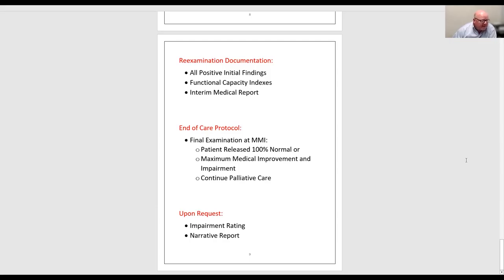Upon request, impairment ratings and a narrative report. So remember, we don't just hand out impairment ratings like candy. But remember, if your attorney is not asking for an impairment rating or a narrative report, that's because you have an attorney who's in a state of unconscious incompetence and he does not know any better, because those are the 2 most important components to support his injury award if they're done right.